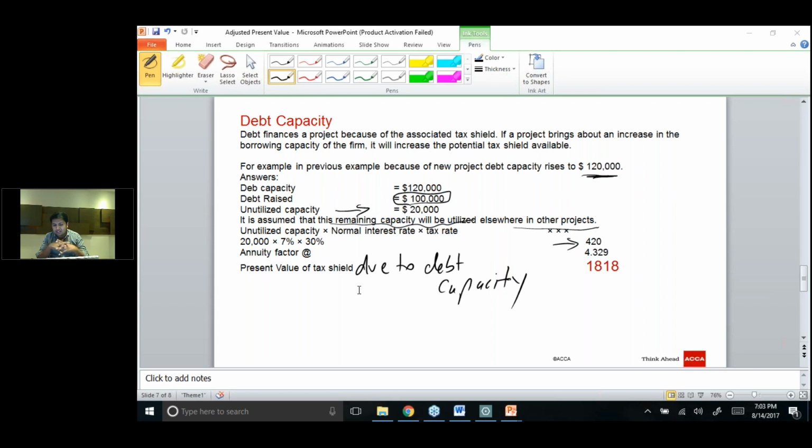So as business risk is lower, you can afford to increase the financial risk, or there can be another reason like because of the new project availability of non-current asset has been increased, and because of that there is an increase in the net capacity.